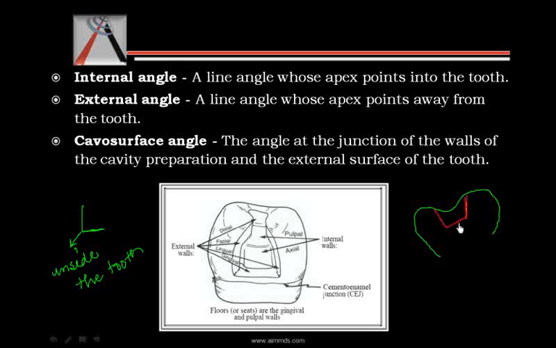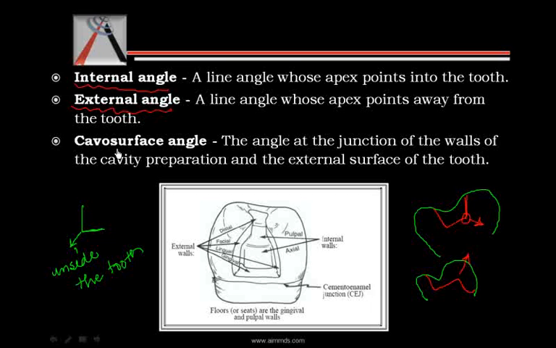These two surfaces are contacting each other at this particular line angle, and this line angle is directed inside the tooth. So this is an internal line angle. But if one particular line angle is directed outside, for example, if we have this cavity, this particular line angle is actually pointing away from the tooth, and this is called as the external line angle. So that is internal line angle and the external line angle.